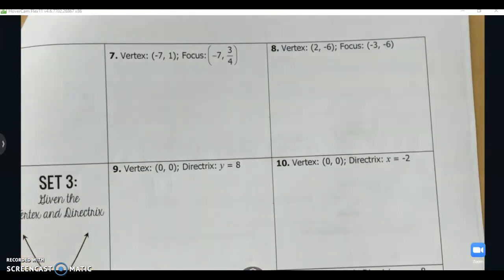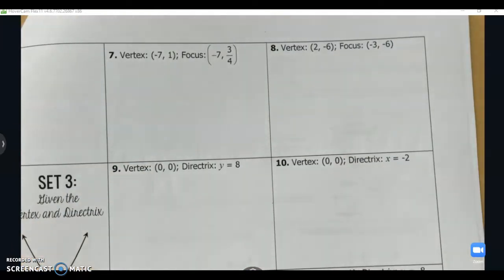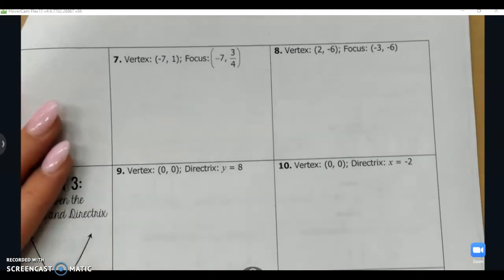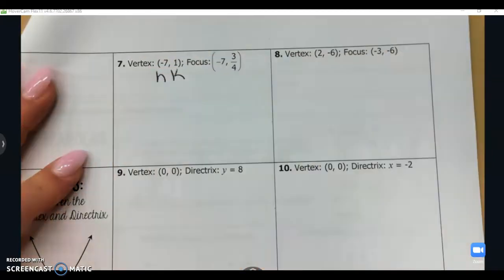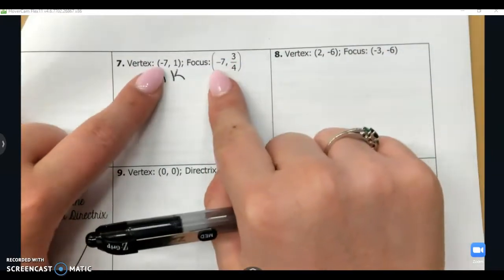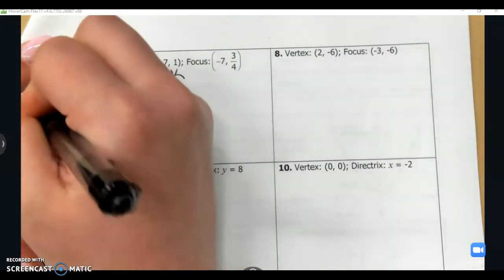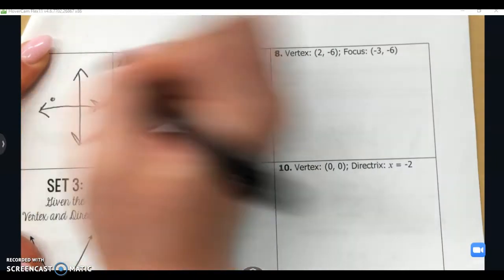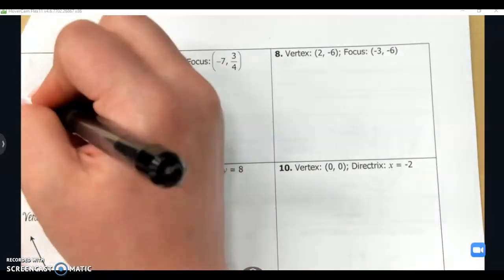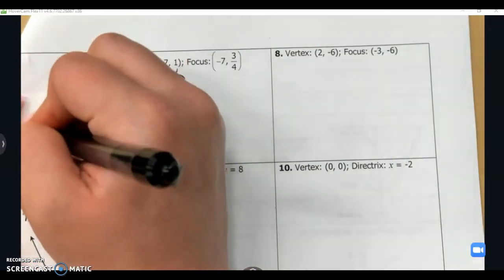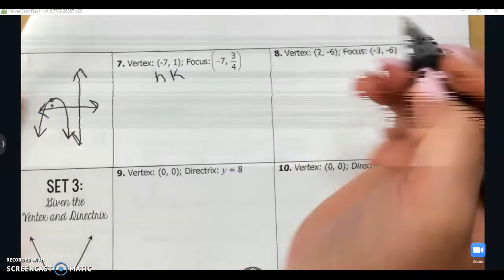And 6 is another easy one where the vertex is at the origin, so I'm going to skip ahead actually to number 7. Again, we're given the vertex, HK. I need to determine what P is. So, again, let's do a rough sketch. If my vertex is at -7, 1, and my focus is at -7, 3/4, that's just below it, that means that this is a parabola that's being opened downward.